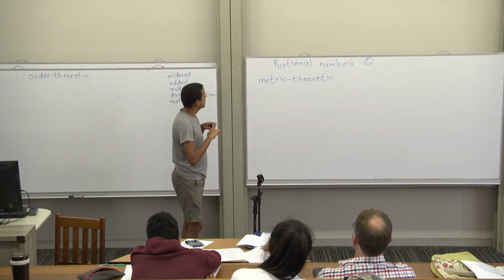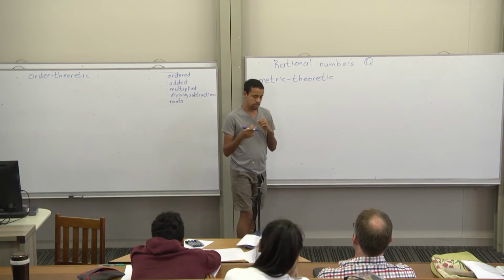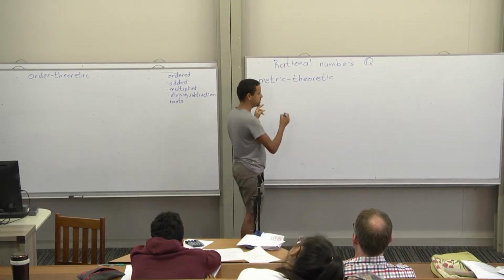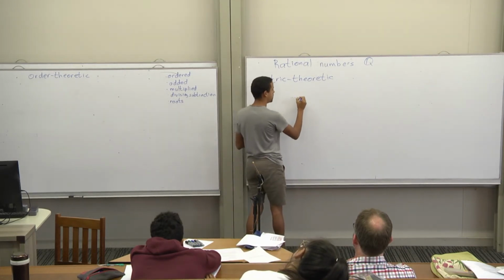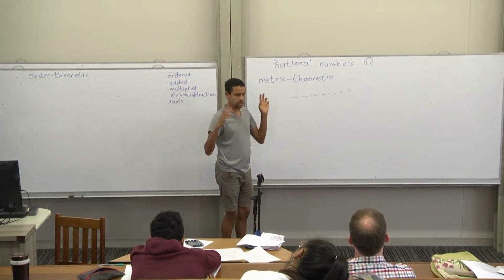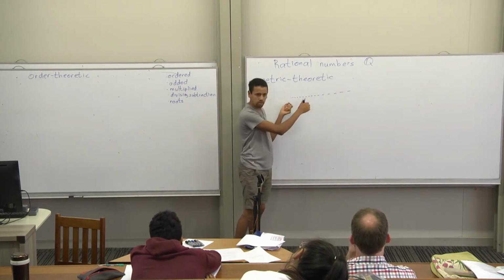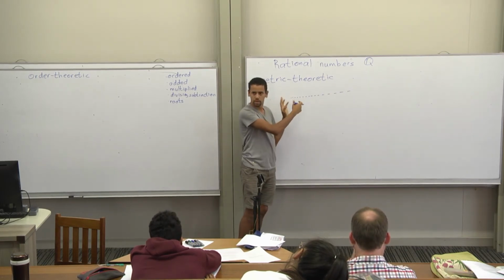Okay, so metric theory. Let's look at what we have so far. If we have the rational numbers, you can visualize them on the real line. I need a lot more dots because the rational numbers are actually dense.